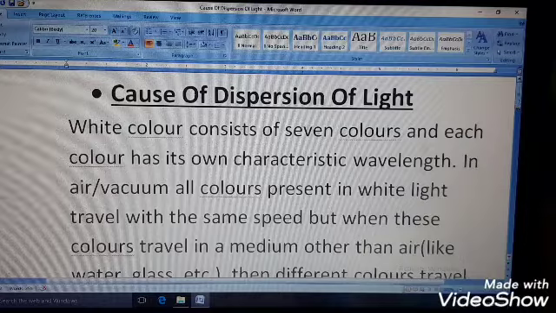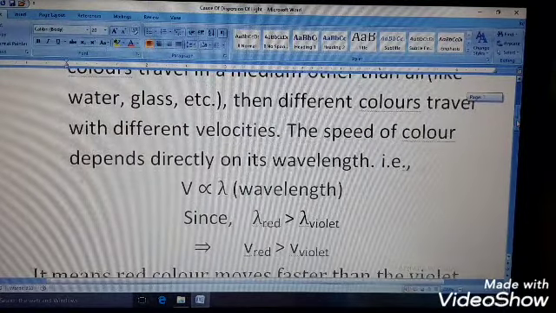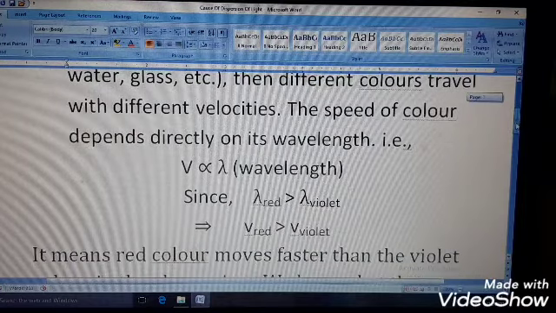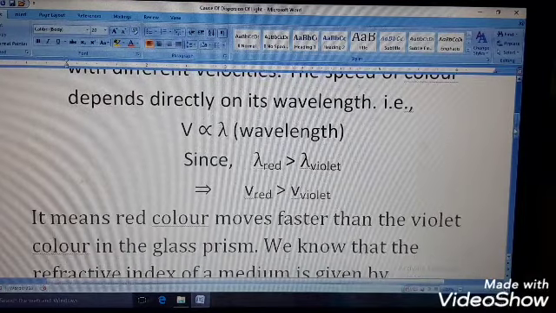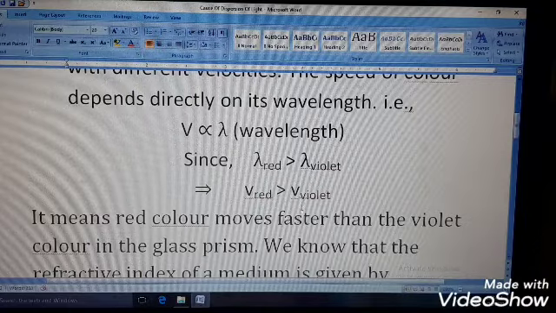Okay, how do they travel with different speeds? They travel with different velocity. The speed of a color depends directly on its wavelength. As shown here, the velocity of any color is directly proportional to its wavelength. That means if the wavelength increases, velocity will also increase.